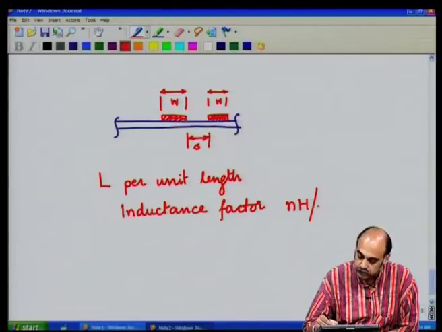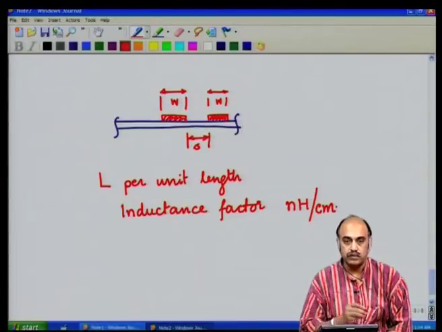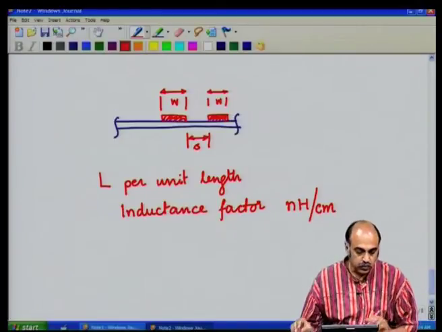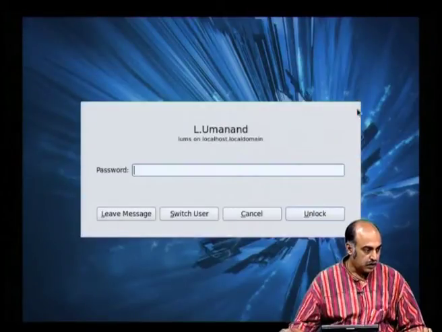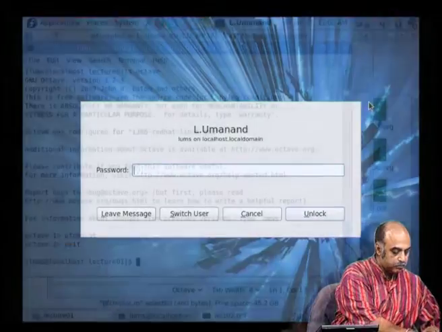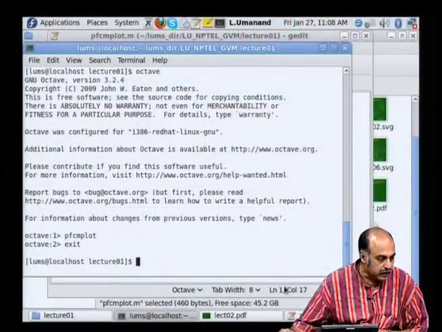Nanohenry per centimeter, that is what we will be having. Now, let us go back to the slide and see how we go about estimating the inductance value.